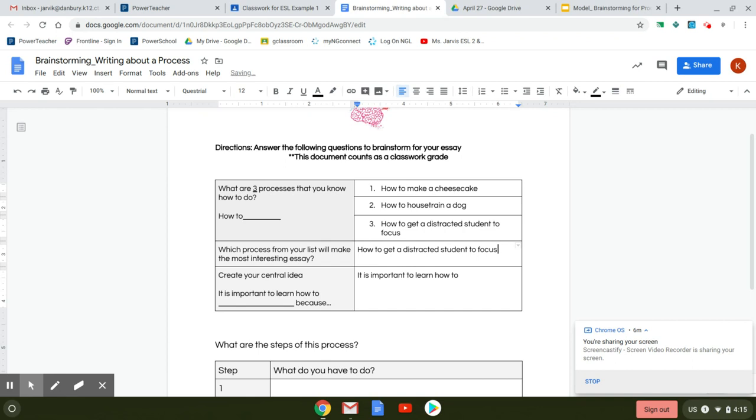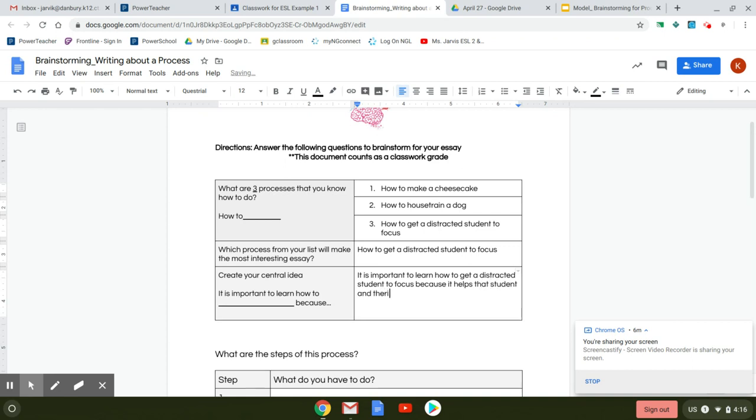Now I'm thinking about my central idea of the essay. Why is this important? I'm going to continue this sentence. It is important to learn how to get a distracted student to focus because it helps that student and their classmates.